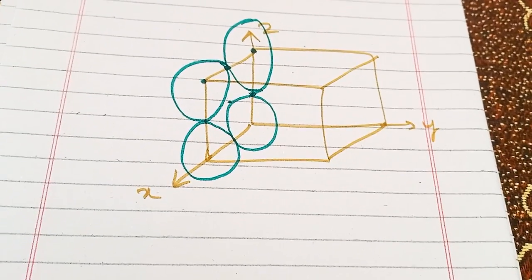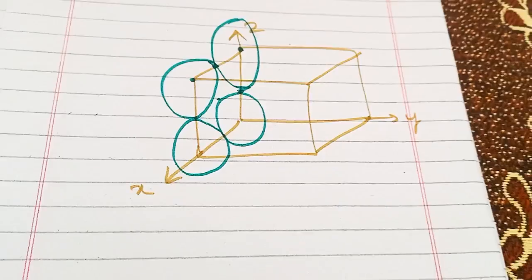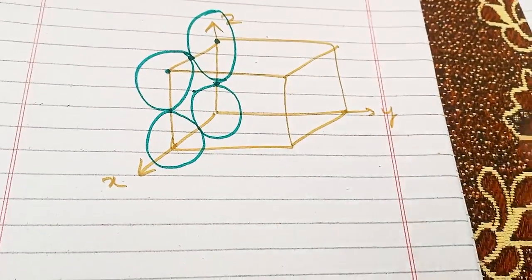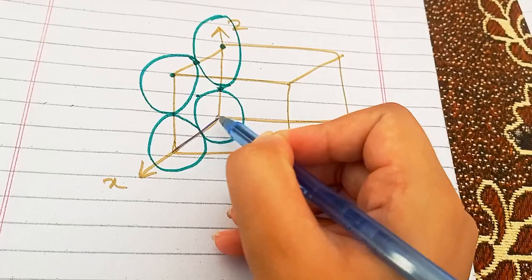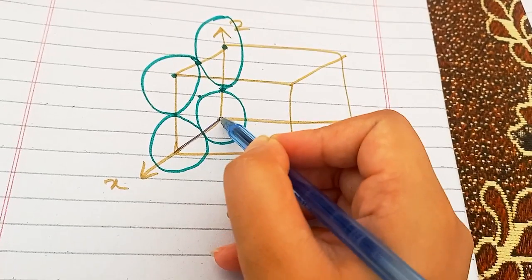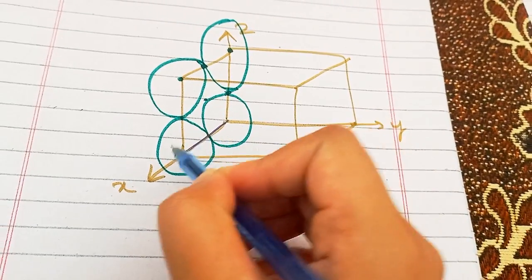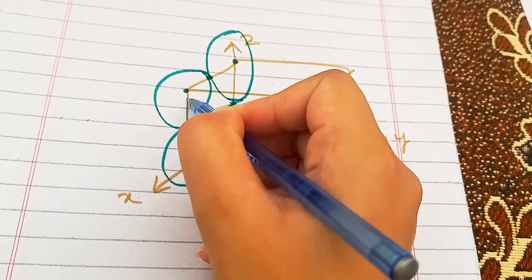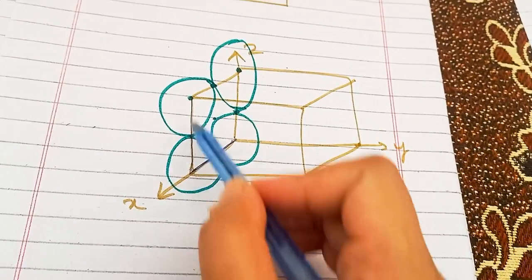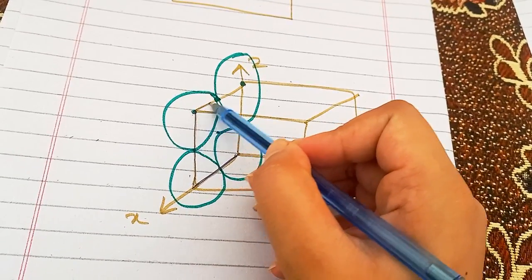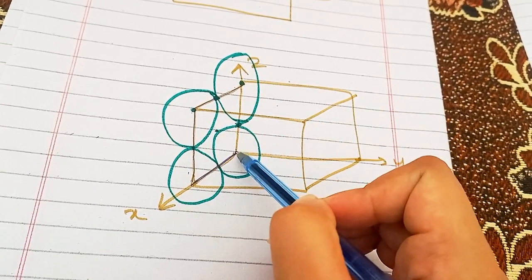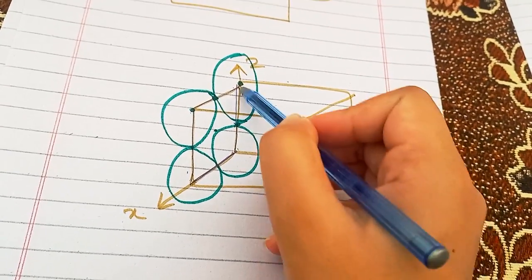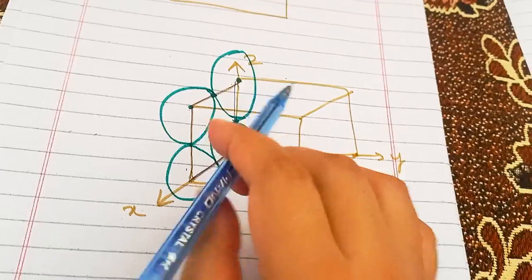Here you can see that this is the axis direction, parallel to the x direction, it's also the x-axis, so these two atoms will touch each other. This is parallel to the z direction, so these two atoms will touch each other. This is parallel to the x direction as well, so they will touch each other. This is parallel to the z direction, so these two atoms will touch each other.